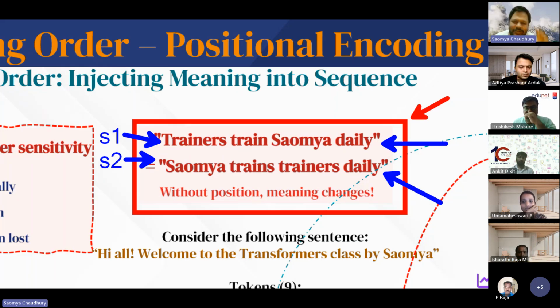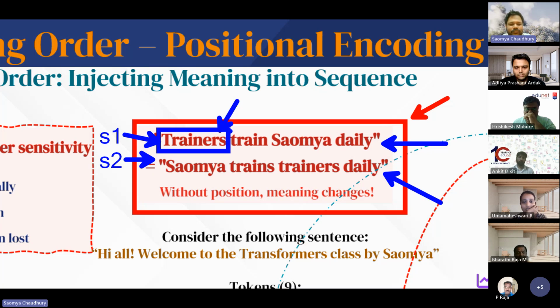Now, can you think of a solution to this? What is missing? As per the GloVe vectors which you saw, do you think the word trainers would differ? By the way, let me introduce you to a formal concept.